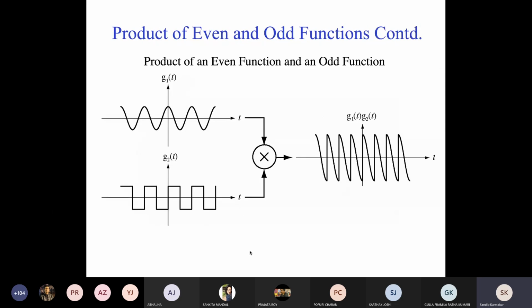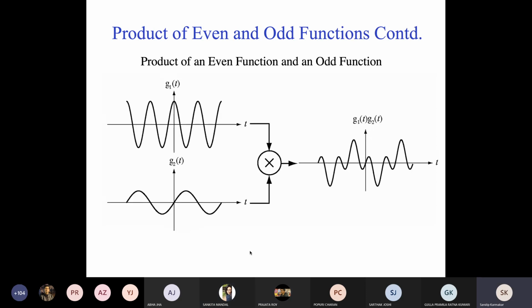Product of odd and even functions. g1(t) is an even function and g2(t) is an odd function. Their product is given in the right hand side picture. It is an odd function. Am I right? Yes, sir. That's right. Product of even and odd function.